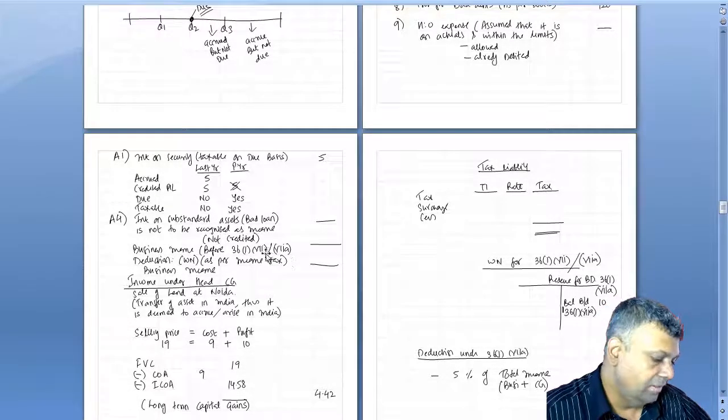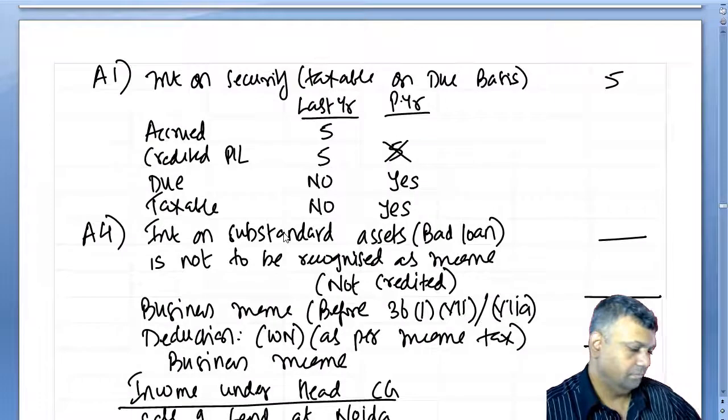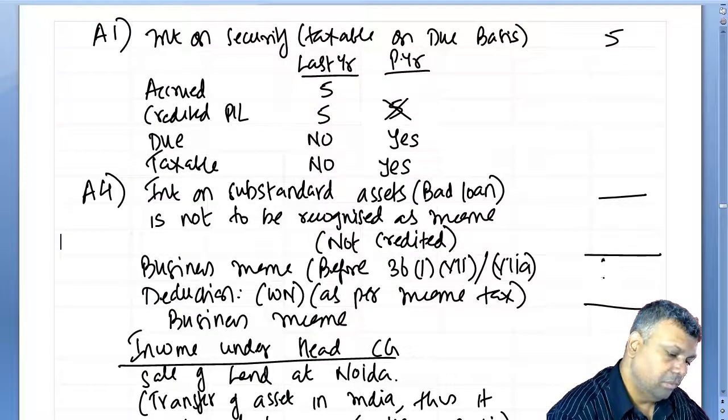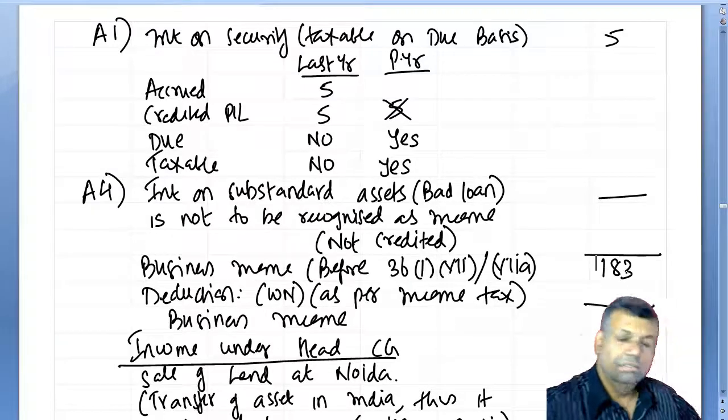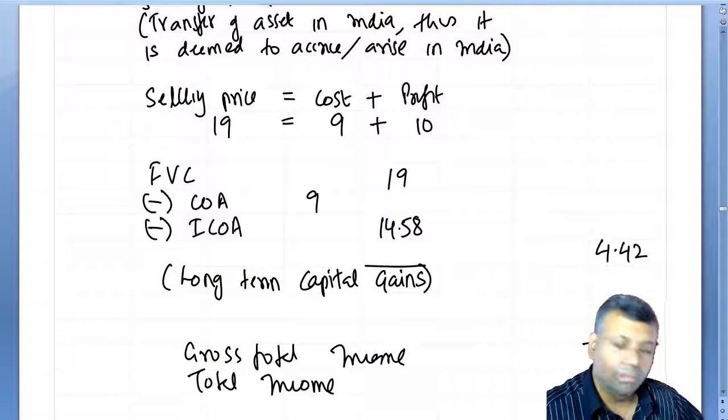Okay, so your business income total you do. This is your before, which is 183. Take the total, so it is 183 plus 4.42.